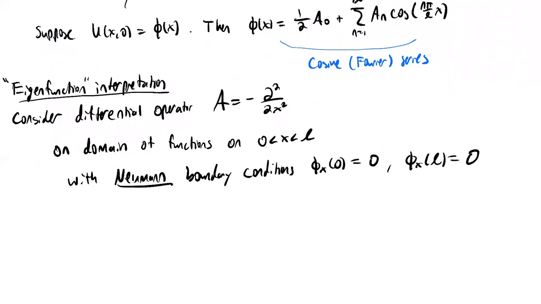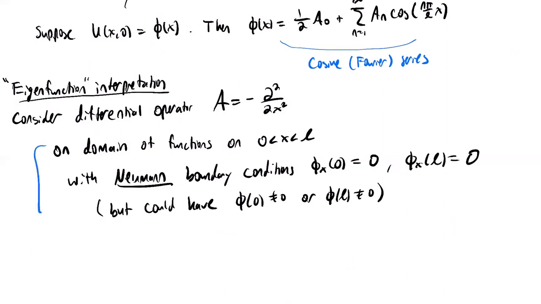But since we're not assuming the boundary conditions from before, we could have phi of 0 not equal 0, or phi of L not equal 0. And so again, the key new difference with this example is the domain has changed, because now, instead of imposing the previous boundary conditions, we're imposing the new Neumann boundary conditions. And so this is going to end up affecting what the admissible eigenfunctions are.